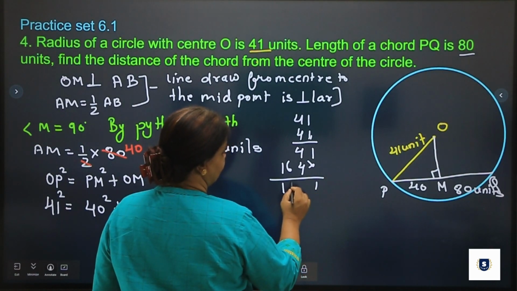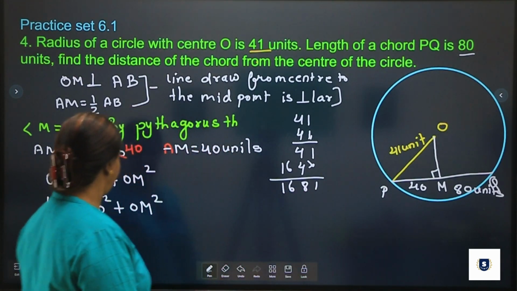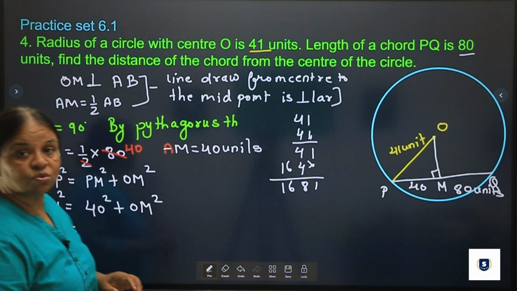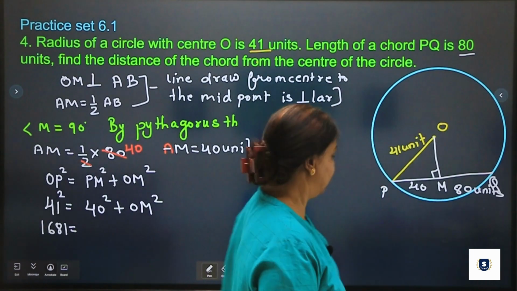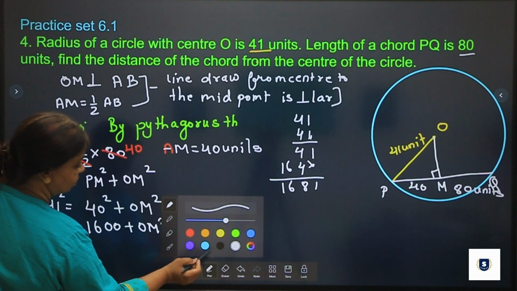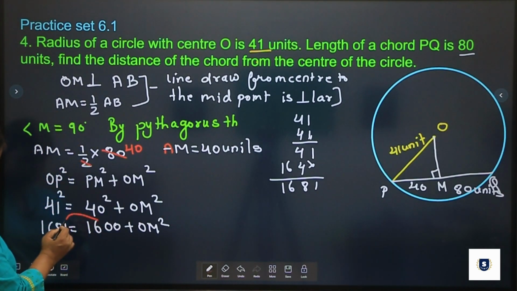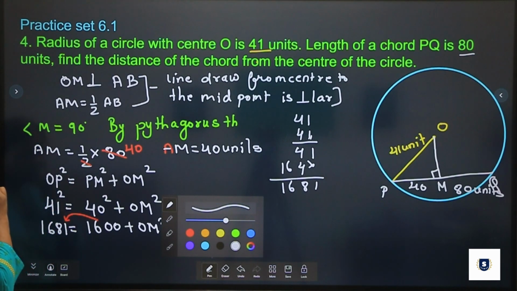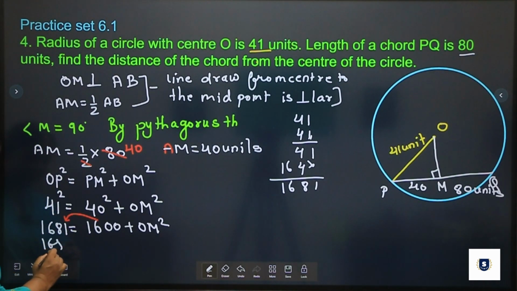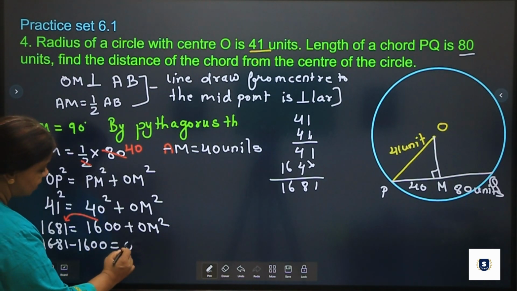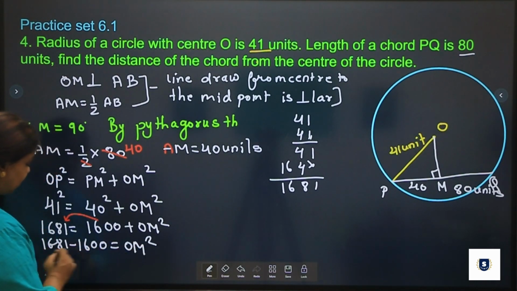That is 1681 is equal to 40 square, which will be 1600, plus OM square. Now this is going to move here and it will be 1681 minus 1600 is equal to OM square. That would be 81.